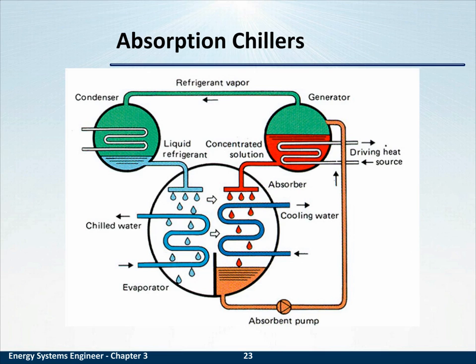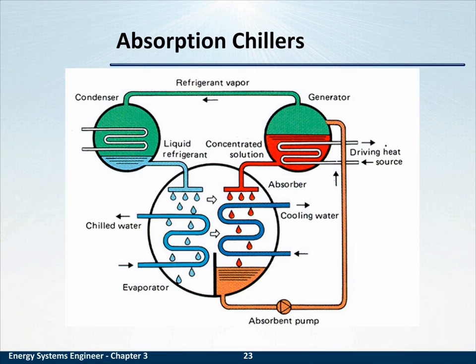The refrigerant vapors flow to a condenser. At the condenser, the heat is rejected and it condenses to a high pressure liquid, just like in the refrigeration cycle. The liquid is then put through, yes, an expansion valve to the lower pressure in the evaporator, where it then evaporates, absorbing heat from the air, providing cooling.